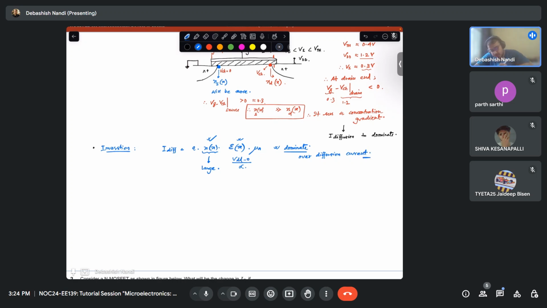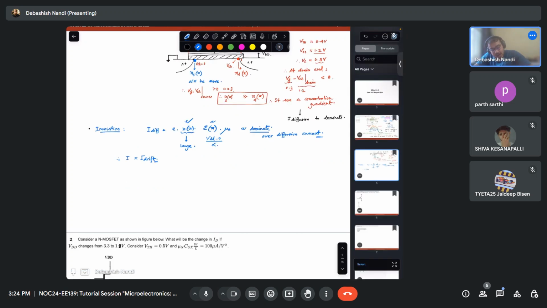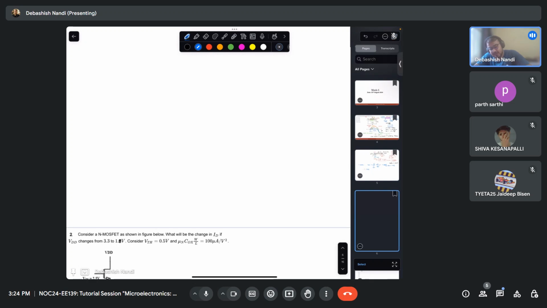Okay. So moral of the story is, in case of inversion or when the transistor is on, the current transport is dictated by the drift component of the current. I will be your I drift. Now, how can you see it in the plots?